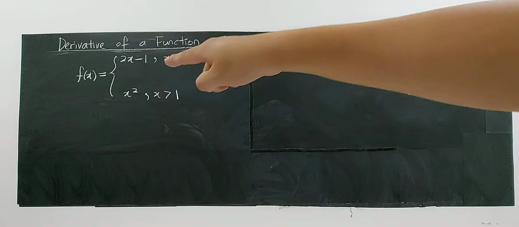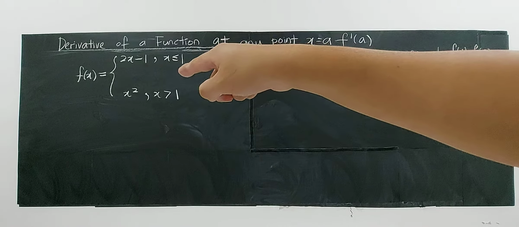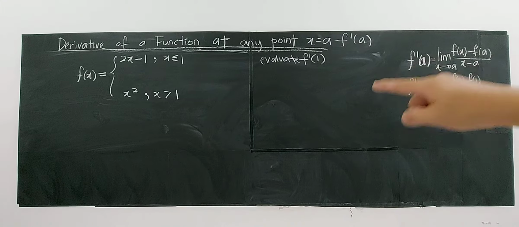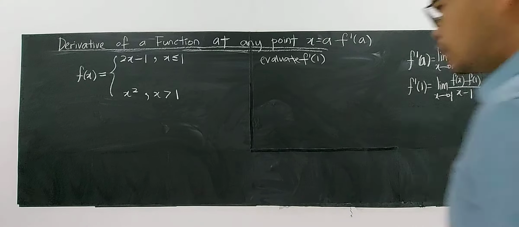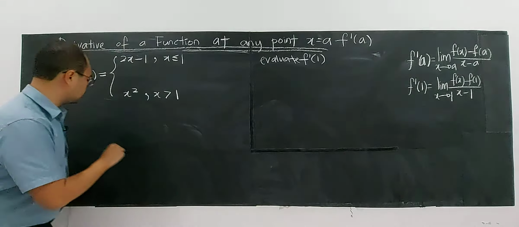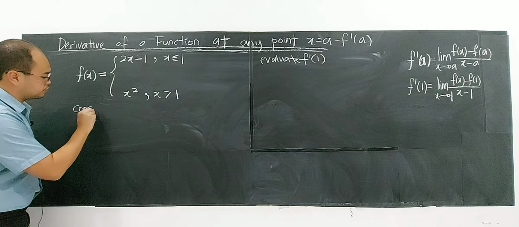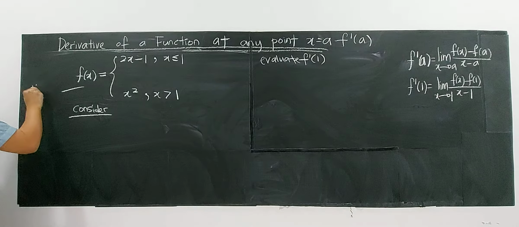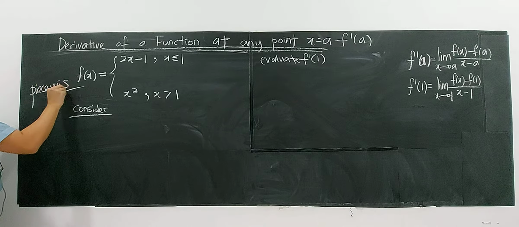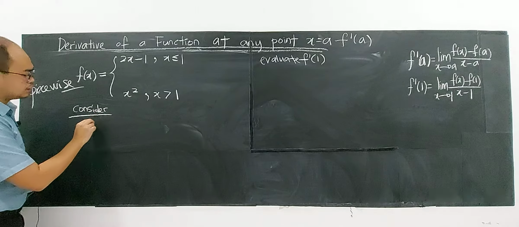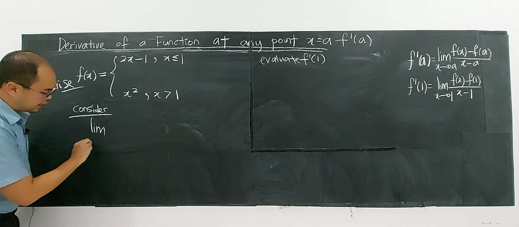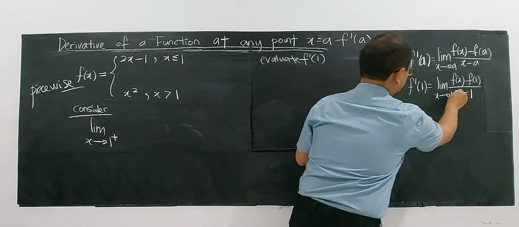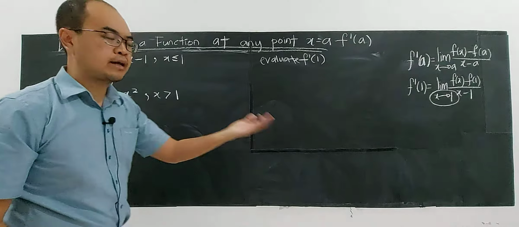Usually we would directly evaluate, but because this is a piecewise function, I repeat, it's a piecewise function, we have to consider the right and the left limits here. So we have to consider the limit as x approaches 1 from the right, and from the left.